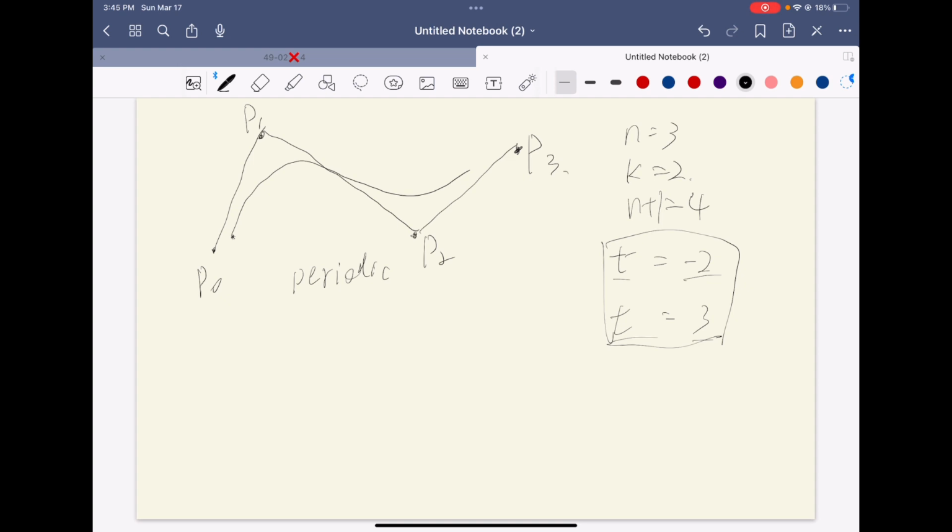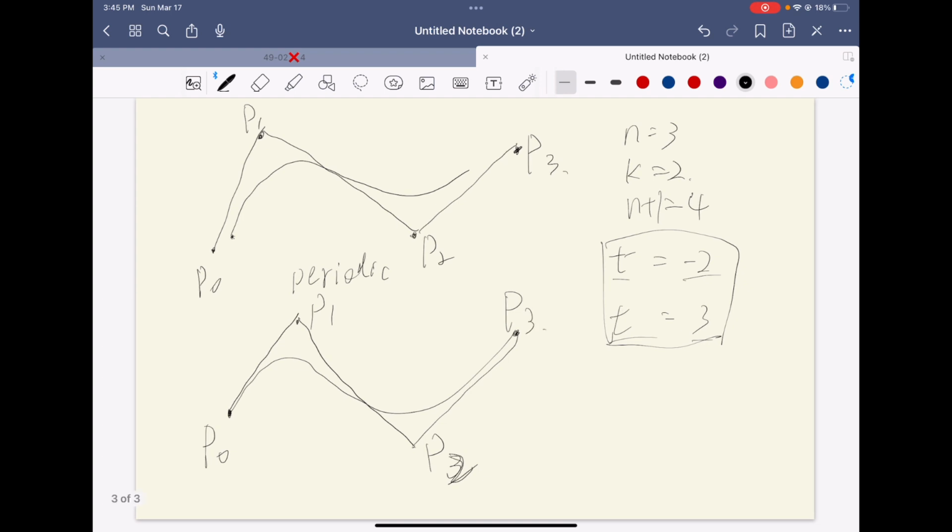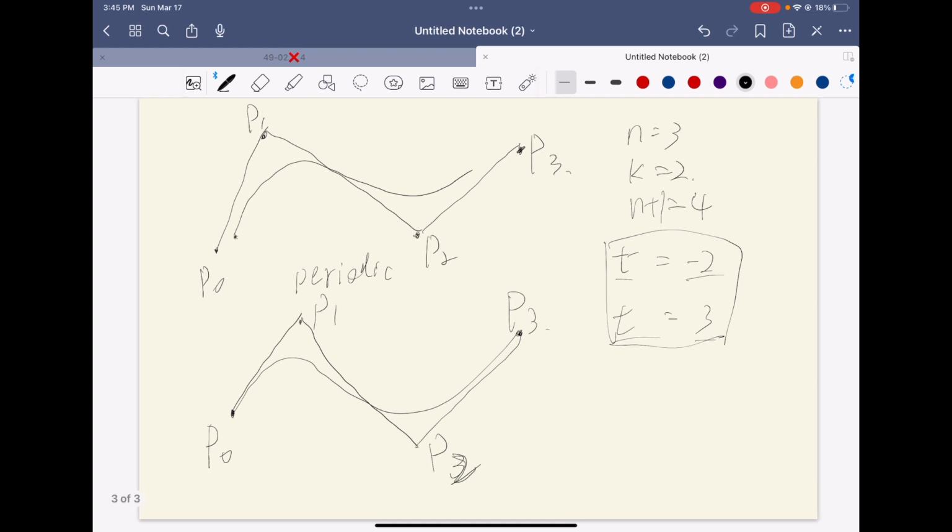So this is periodic, but for the non-periodic, it will be like this. The start point and end point of the control points are on the curve, at the start or end of the curve. So this is non-periodic.